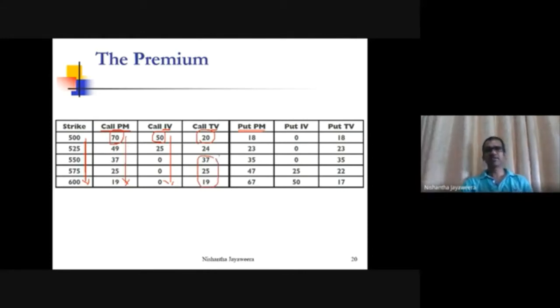On the other hand, for the put options, when the strike prices are low, intrinsic values are 0, and when the strike prices are high, intrinsic values are positive. Then the time value.